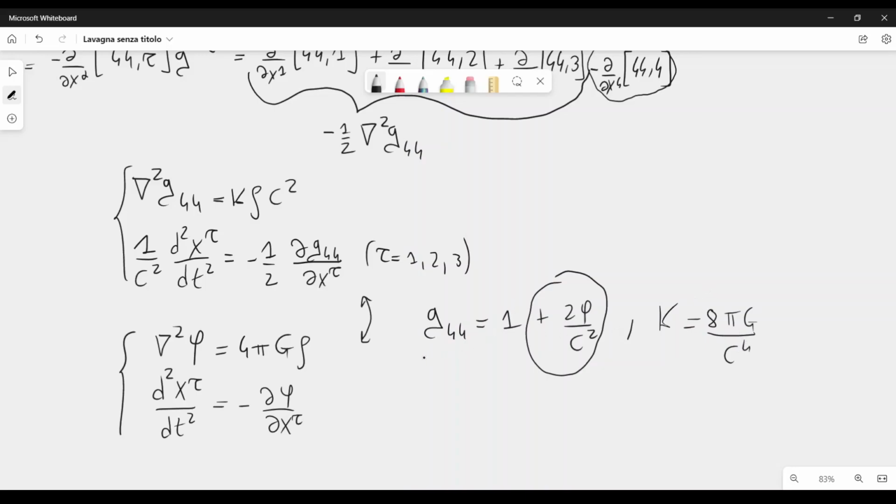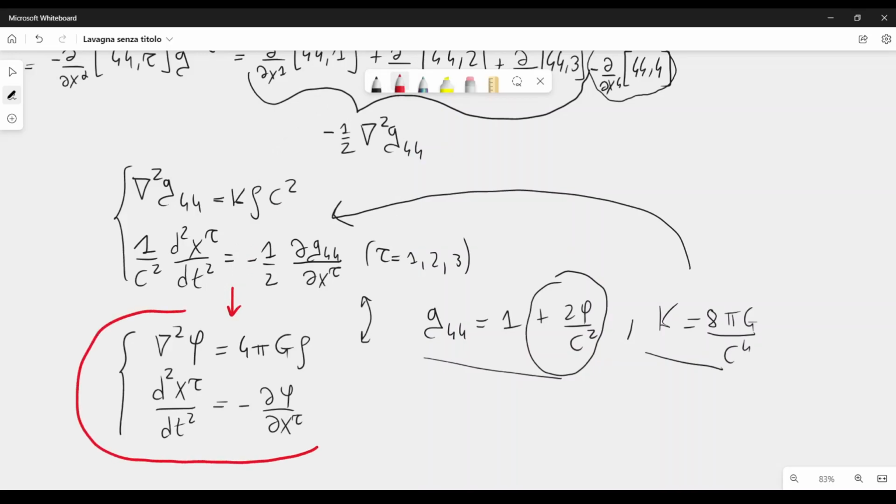And if we substitute these two expressions here, you can easily check that you will find Newtonian physics. So you will find these Newtonian equations. And these are Einstein's considerations that show how his general relativity theory reduces to Newtonian mechanics, in the special case, of course, where its laws should be applicable.